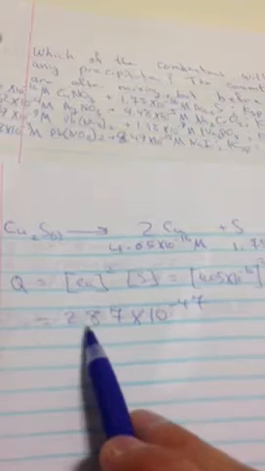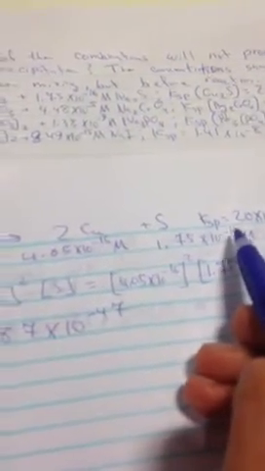So we need to compare this with the given KSP for the reaction. When we mix these two solutions, this is the starting position. It's 2.87, and it needs to go to equilibrium. Equilibrium is 2.0 times 10 to the negative 47.